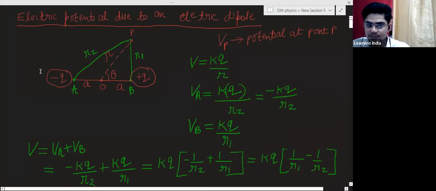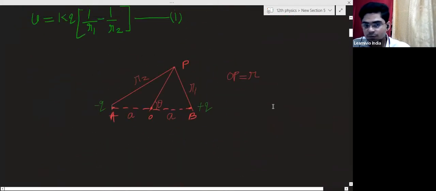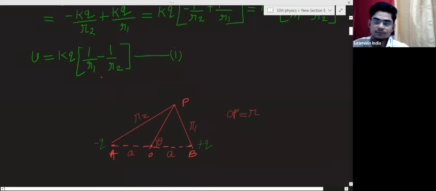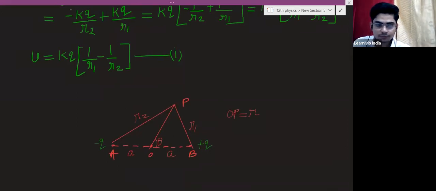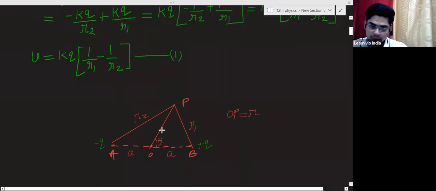I have made this diagram again for the construction purpose, so it is easy for you to understand. I will draw a perpendicular like this.